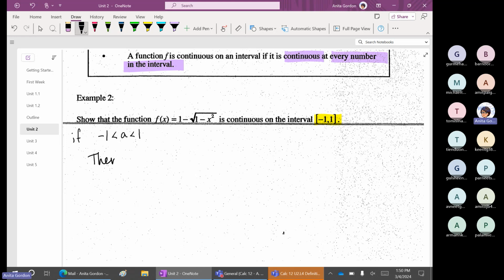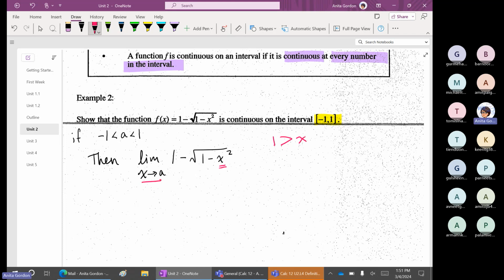Then we have that the limit as x approaches a of the function is 1 minus the square root of 1 minus a squared. I want you to think logically for a minute. If a is strictly within -1 and 1, that means a squared will be strictly less than 1.